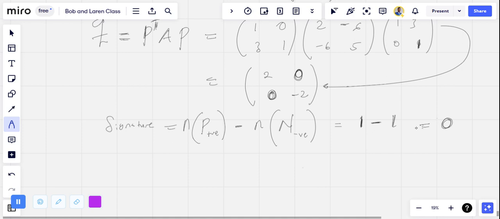But what if I give you any other matrix and ask you to look for the signature? Will you be able to do that? So let me just give one more example, and from there we will end this explanation.